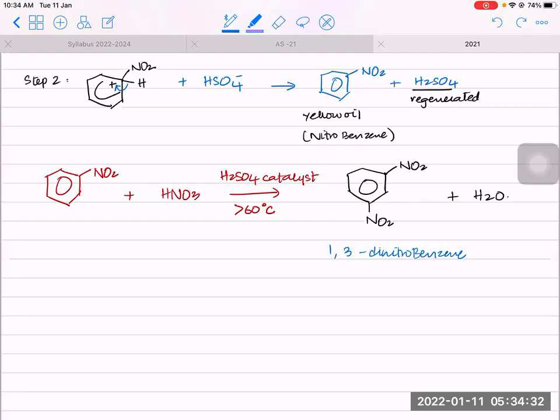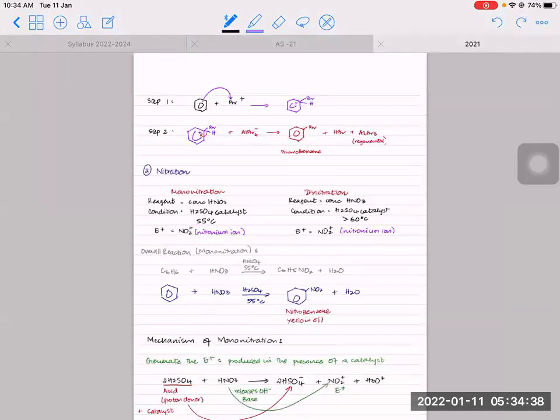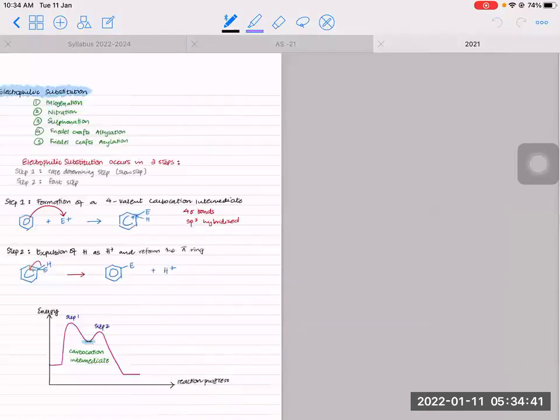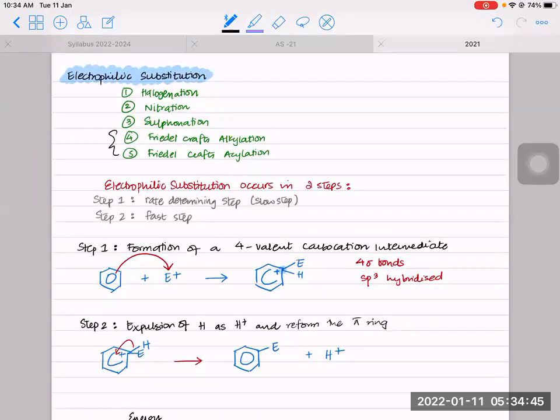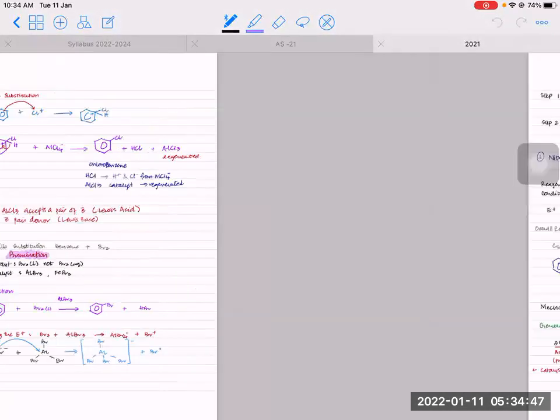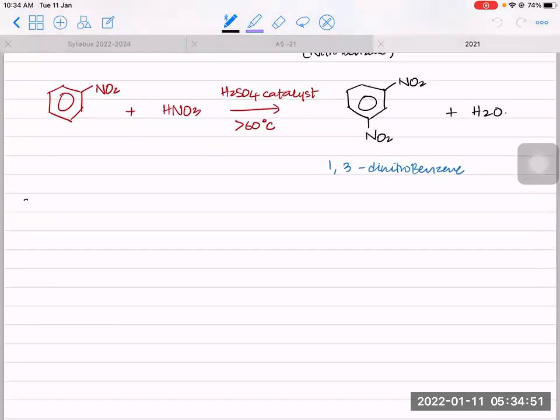Now let's move on to Friedel-Crafts reaction. So we did halogenation. Yes, we did nitration. Let's see the Friedel-Crafts reaction. So we have the third ones, two types of Friedel-Crafts reactions actually.